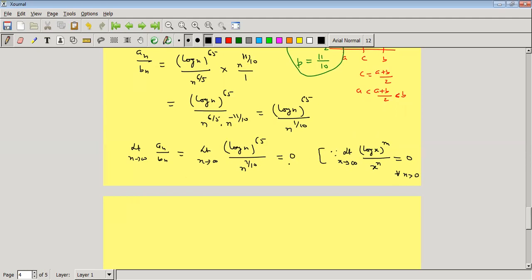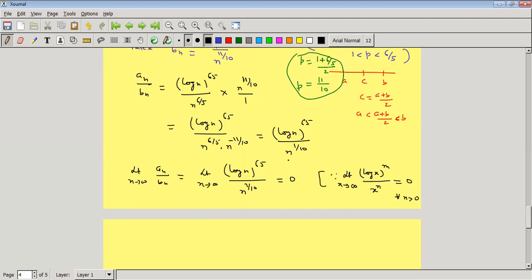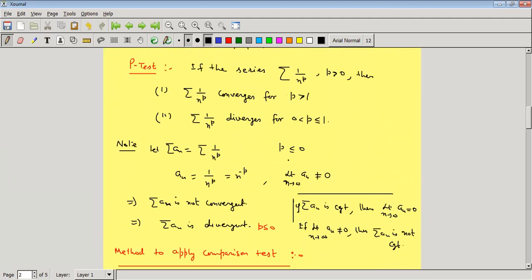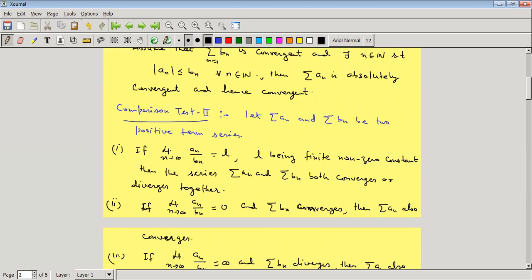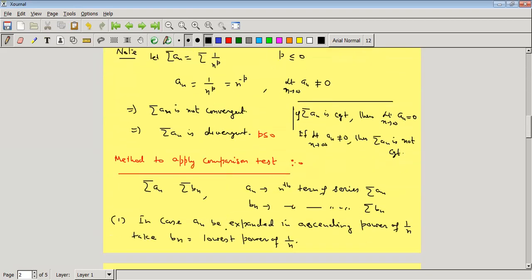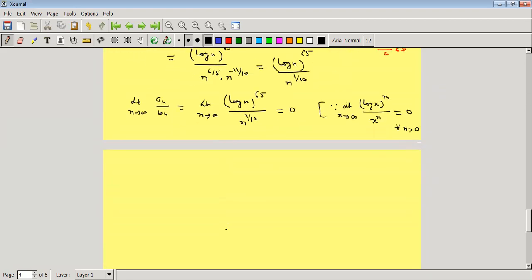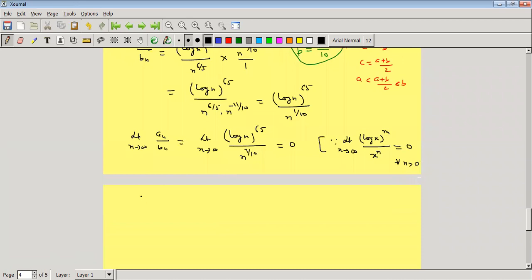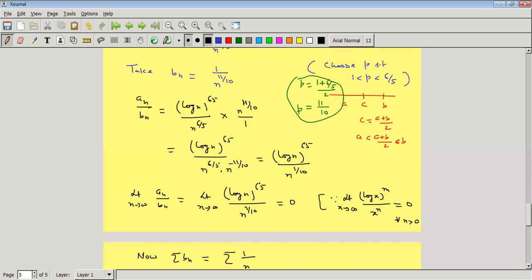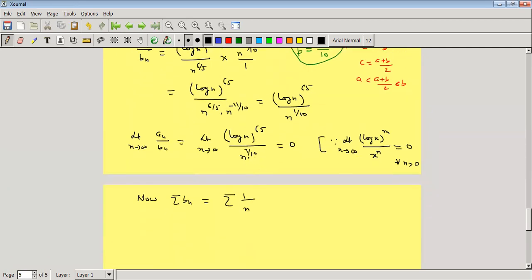So if the limit is equal to 0, now we apply comparison test 2. What is comparison test 2? If summation bn converges, then summation an also converges. So now we check whether bn is convergent or not. Summation bn is summation 1 upon n^(11/10), and 11/10 is greater than 1.